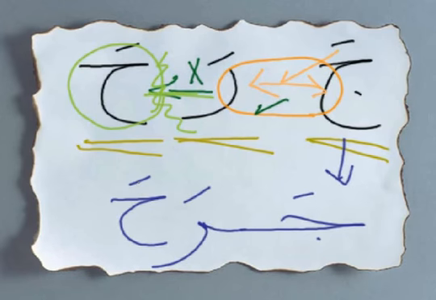Now, you look at this harful ha, and you're going to notice that there are some similarities between the ha and the jeem. But we'll talk about that in a little while. Now, this harful ra and the harful jeem do meet up when the jeem comes first. The harful ha is left out in the cold because it doesn't meet up with the harful ra.